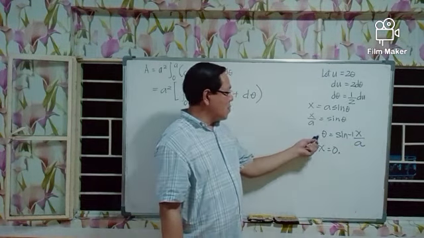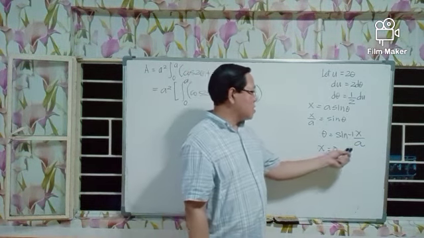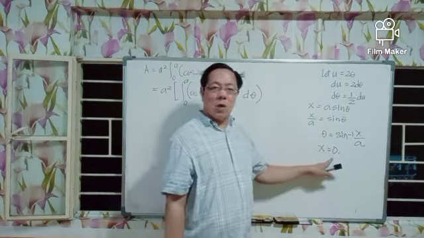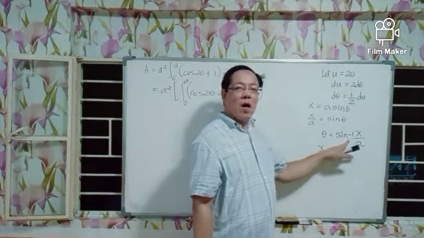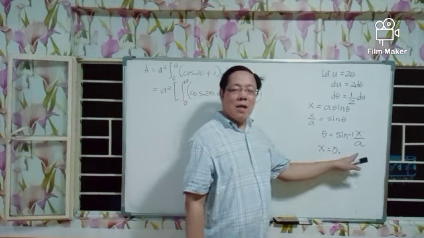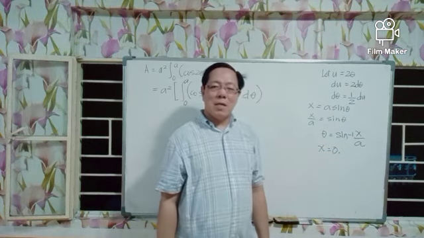Now we find the value of theta when x is 0. When x is 0, theta is equal to inverse sine of 0 over a, and 0 over a is 0.